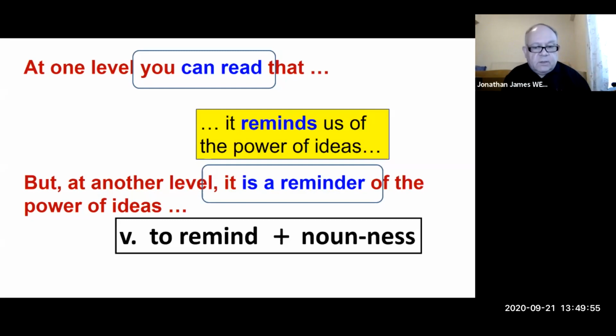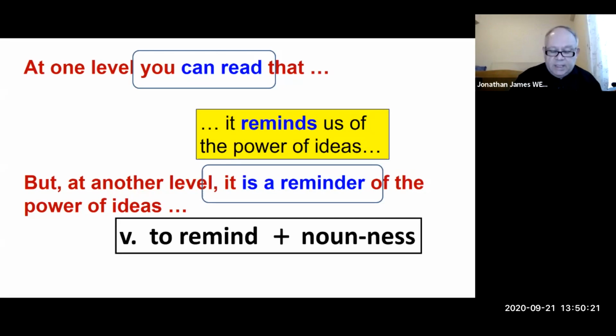But at another level, it is a reminder of the power of ideas. Now notice he doesn't say it reminds us of the power of ideas. He could have. And if he did, it would be remind, which would also be mental, and also what's going on in your head. But he doesn't do that.